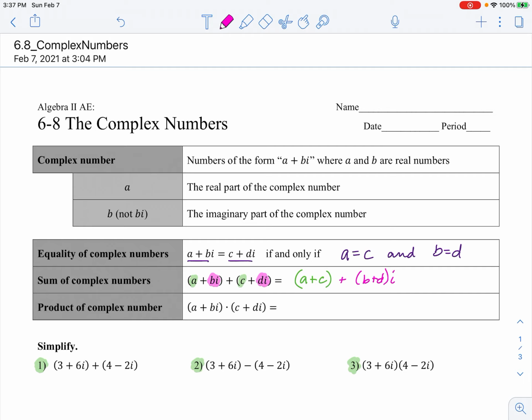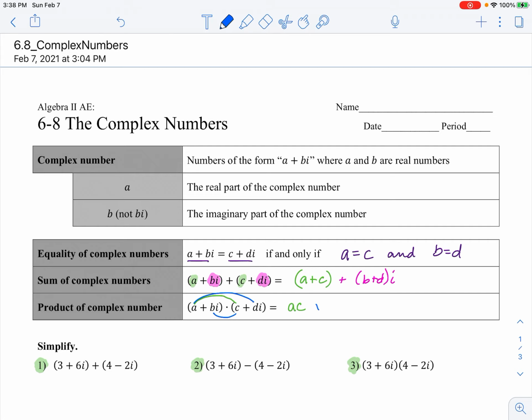Now, for our product of our complex numbers, we're going to basically FOIL out, and then we're going to use what we know about our complex numbers. So we're going to start with a times c, and then we're going to multiply outside, inside. And when we do outside, inside, we're both going to have an i term.